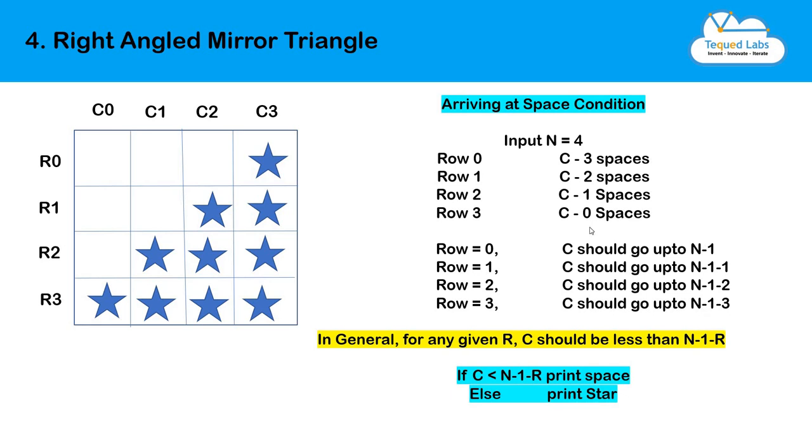Now we have arrived at a pattern here. Can you see? It's n minus 1 minus 0, n minus 1 minus 1, n minus 1 minus 2, n minus 1 minus 3.